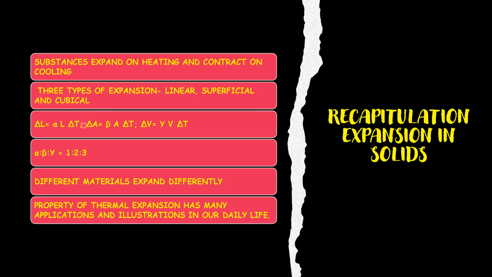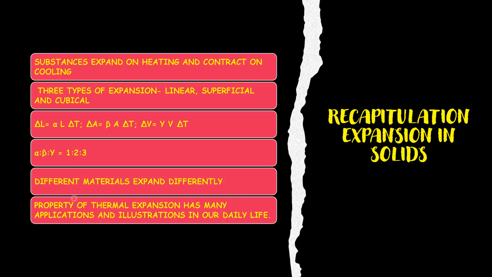You were also taught the formula to calculate all three types of expansions. Apart from this, you are also aware of the mathematical relationship between alpha, beta and gamma, which is 1:2:3.